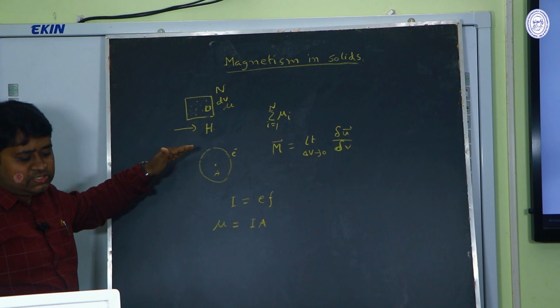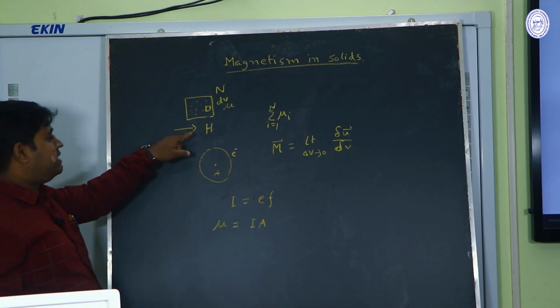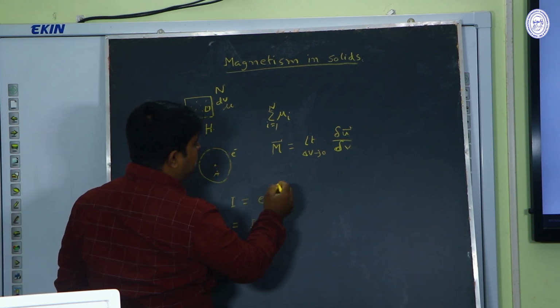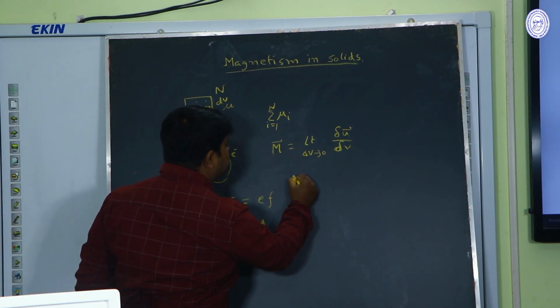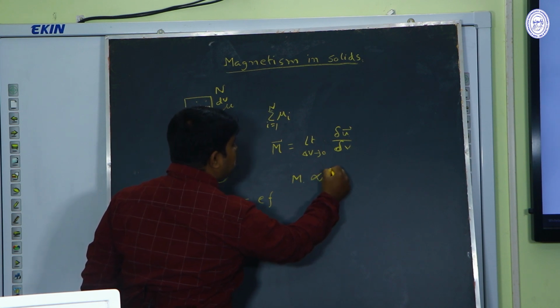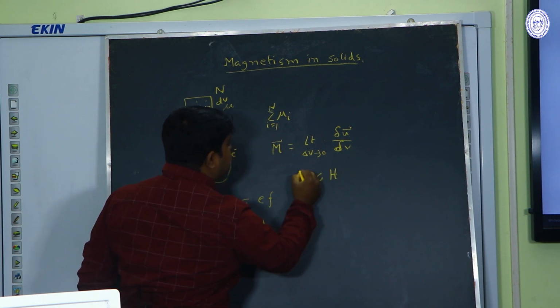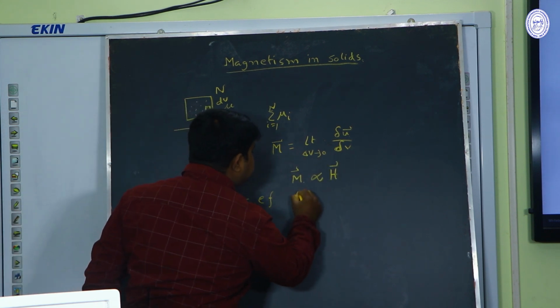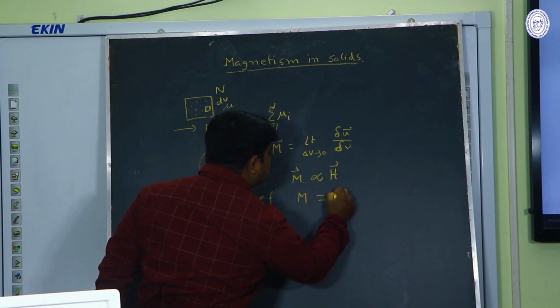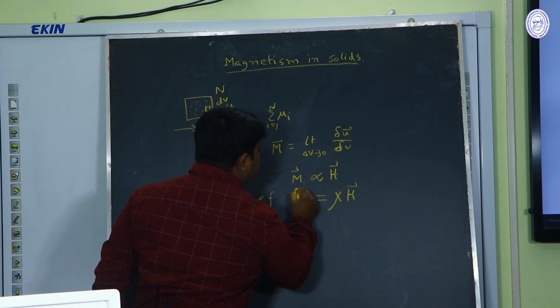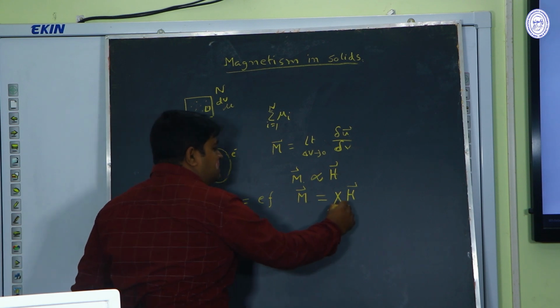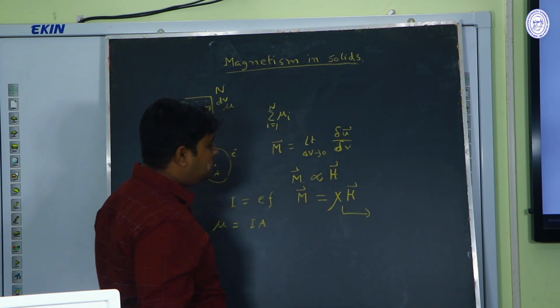Experimentally it is found that if the magnetic field intensity is not too high, then the magnetization M is directly proportional to the magnetic field intensity H, so M is equal to some constant times H. This proportionality constant chi is known as the susceptibility of the material.